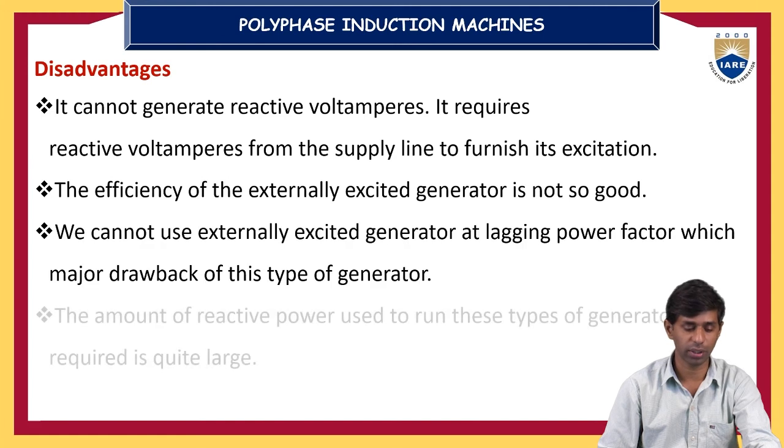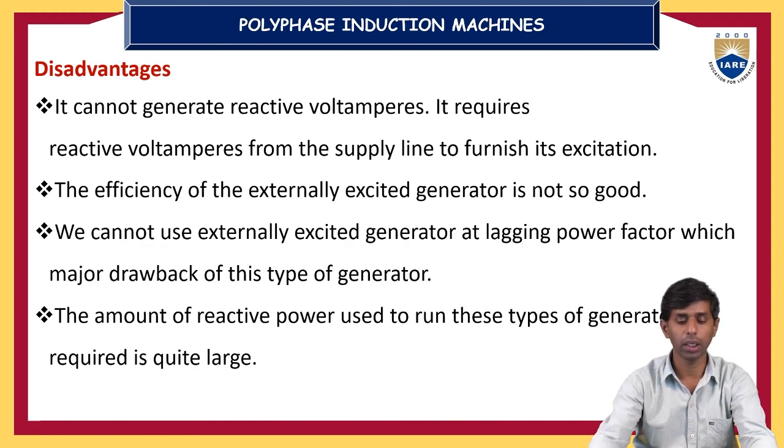Disadvantage of the induction generator: it cannot generate reactive volt amperes, so we have to supply them by external capacitor banks which you have to connect. The capacitor banks are helpful to supply the reactive power required for the generator as well as the load.